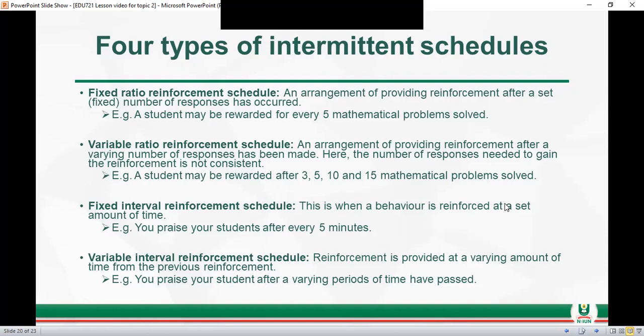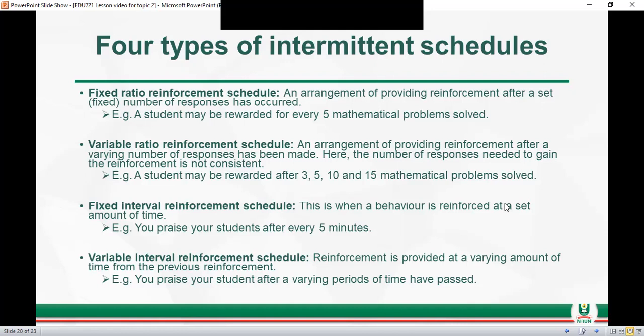For example, a student may be rewarded for every 5 mathematical problems solved. Or after the third attempt that the child has done that thing, you reinforce. That's the fixed ratio reinforcement schedule.